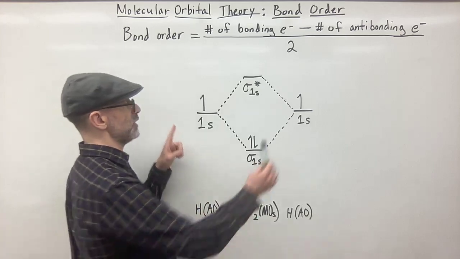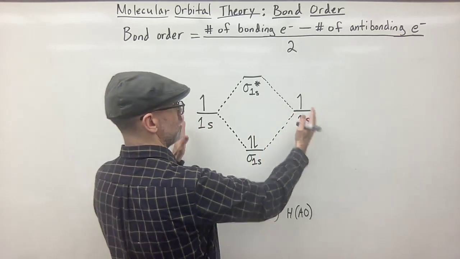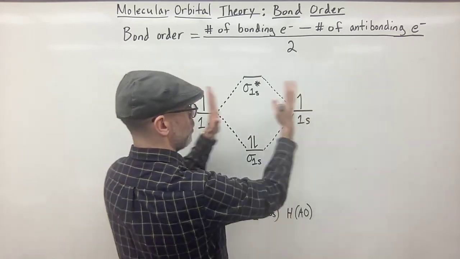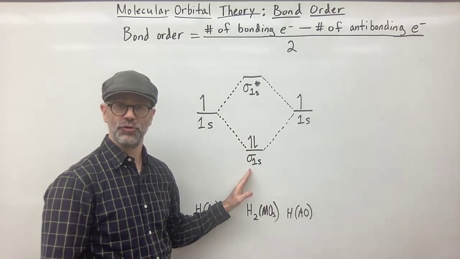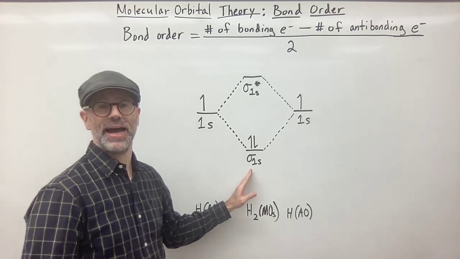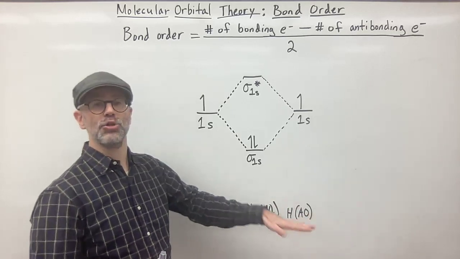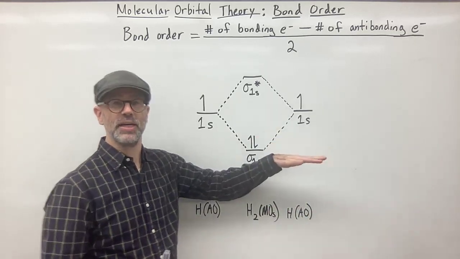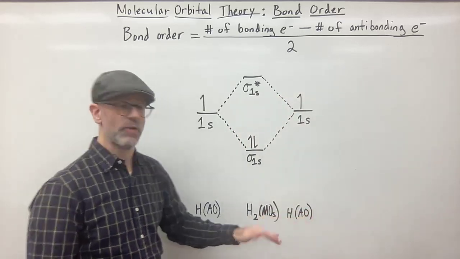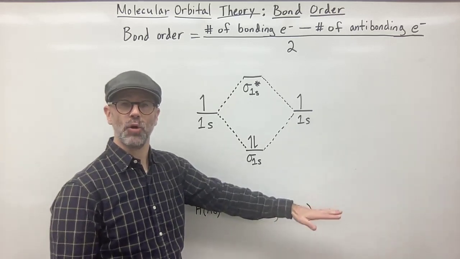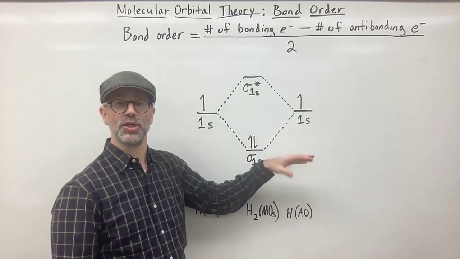Then we take the valence electrons that are in the atomic orbitals and start filling in the energy diagram for the molecular orbitals. It follows the same strategy as filling in your atomic orbitals. Remember, when you fill in your 1s2, then your 2s, then your 2p, then your 3s, and so on, you follow the Aufbau principle, right? You fill in the lower energy levels first and move all the way up until you run out of electrons.